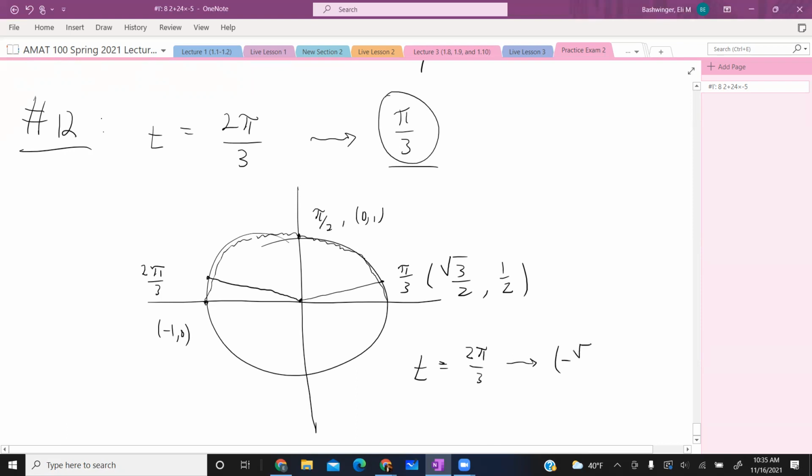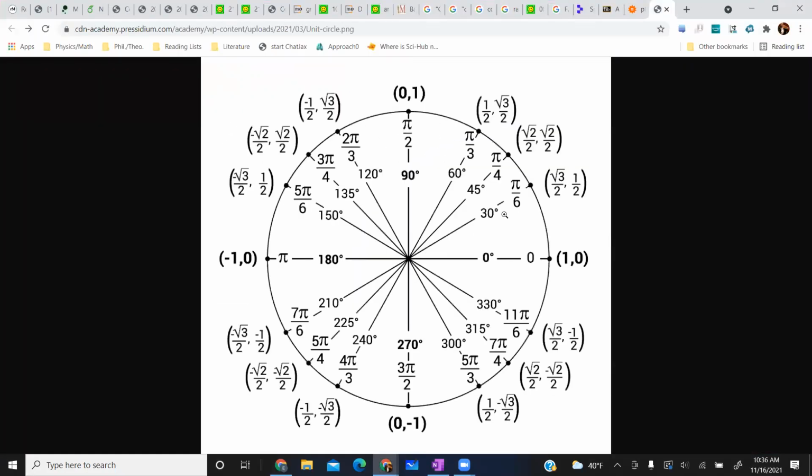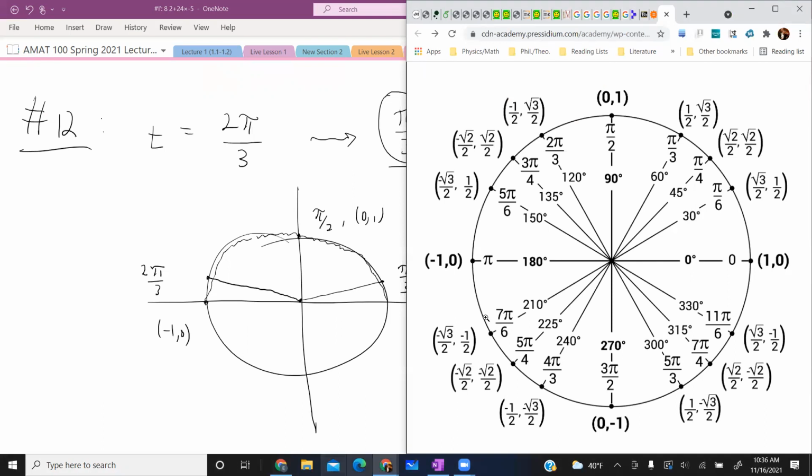So it'll be negative √3 over 2, 1/2. And let's see, I got the unit circle I pulled up, so let's make sure it's right. I did it wrong. Whoops. This is why you should always draw your unit circle. So I accidentally wrote the coordinates for pi over 6.